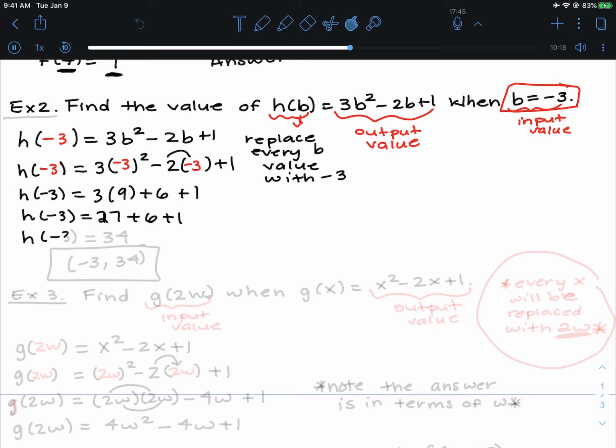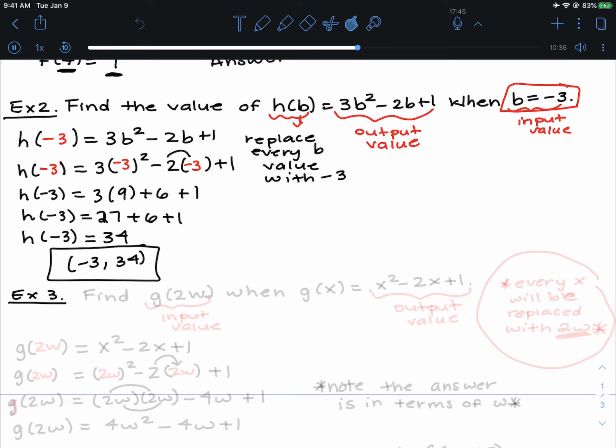All of that added together is going to give you 34. So your answer here is going to be (-3, 34). Okay? We're going to go ahead and move on to example number 3. But that's the general idea here, guys.